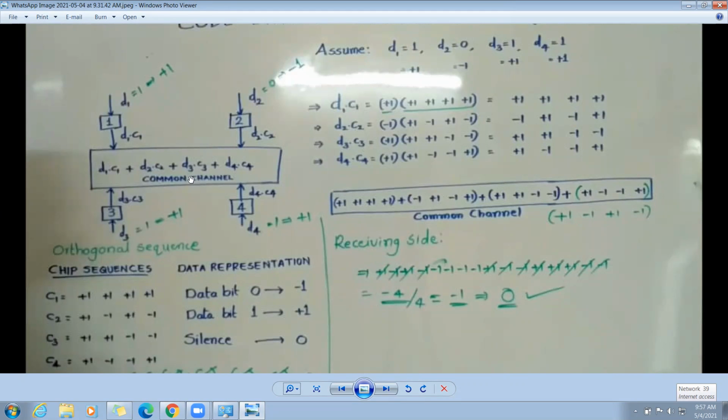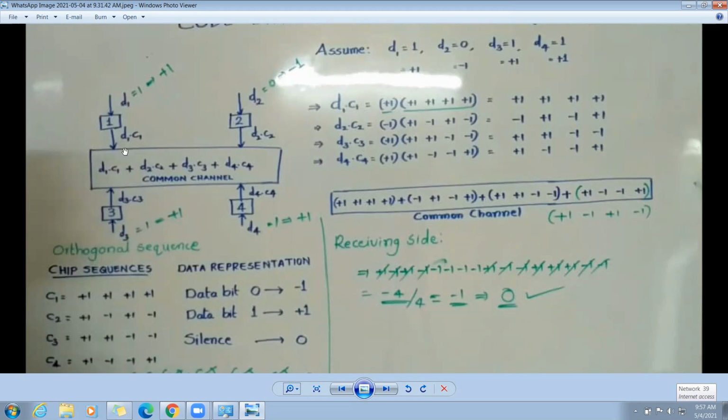Here, see. What are the code values C1, C2, C3? We need to know the code values. This is the station 1 code value, that is C1, C2, C3, and C4: C1 for station 1, C2 station 2, C3 station 3, C4 station 4. Here this is +1, +1, +1, +1, which is station 1's code for D1. See how it will be converted. As I told you, D1 into C1.